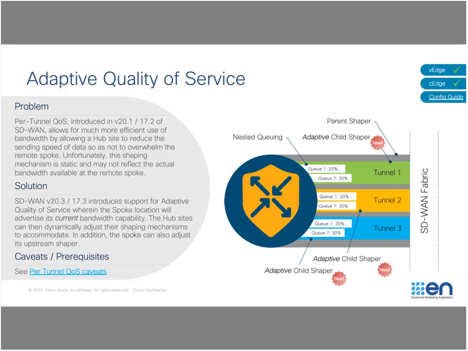The hub site routers can actually track and maintain the bandwidth capabilities of all the branch sites that you're attempting to send traffic to. So if a hub site is attempting to send traffic to branch 1, and branch 1 only has a 100 meg circuit attached to it, but the hub site has a gigabit circuit attached to it, the hub site can actually shape or throttle its traffic down so that it only sends 100 meg worth of traffic towards branch 1.